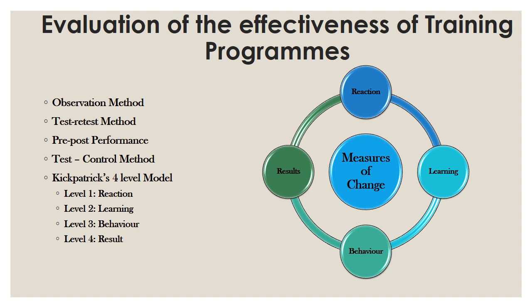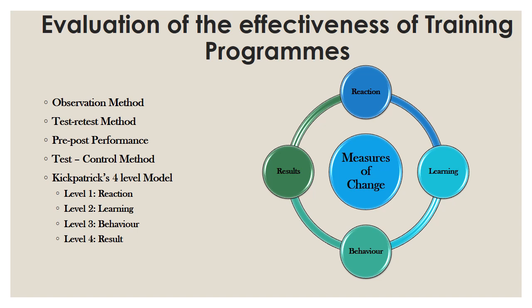So what are the 4 techniques of evaluating the effectiveness of the training programs? Observation method. Test and retest, where we map the training effectiveness before the training and after the training. Pre and post performance, where we map the performance before the training and after the training.